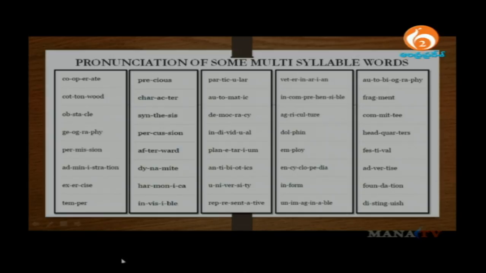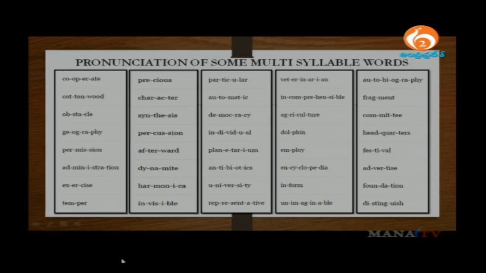If you can see the slide, we have cooperate, cottonwood, obstacle, geography, permission.